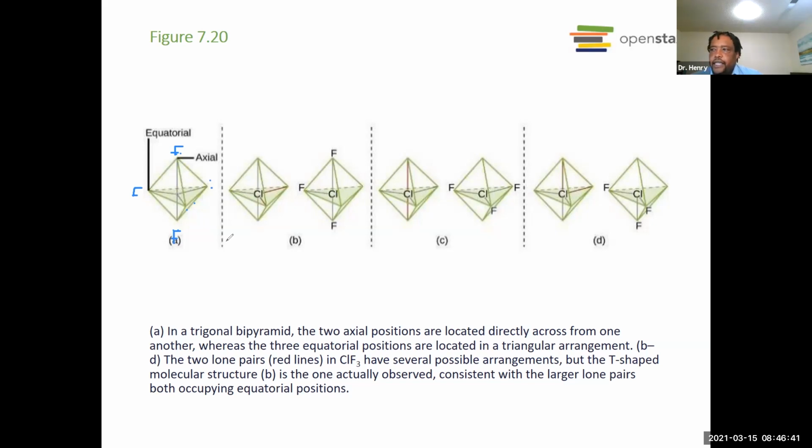Questions, concerns? And so this would be the electron pair geometry. And then what would be the molecular geometry?